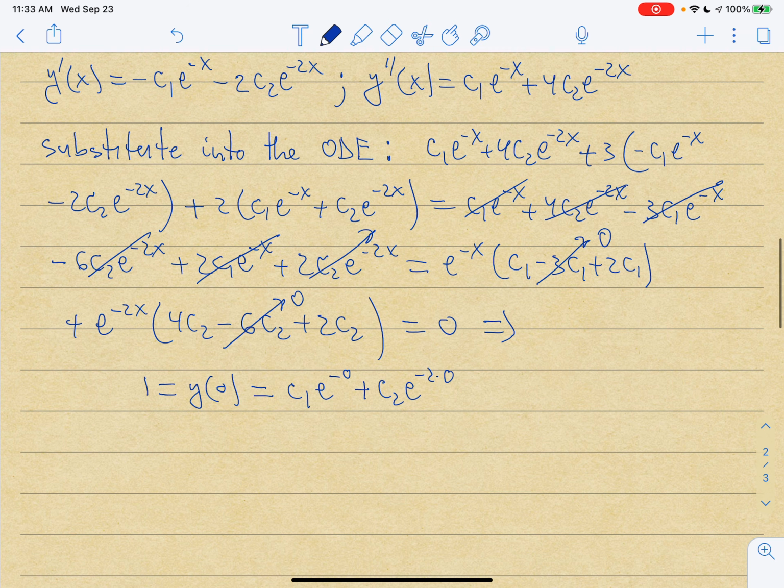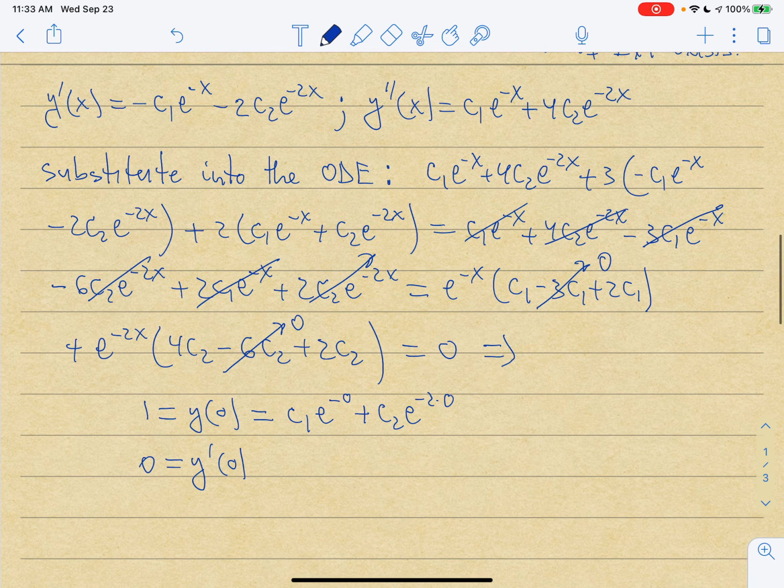And then I know that y prime of 0 I want to be 0, right? That's my second initial condition. And y prime of 0 is given by this formula: minus c1 e to the minus 0 minus 2c2 e to the minus 2 times 0.